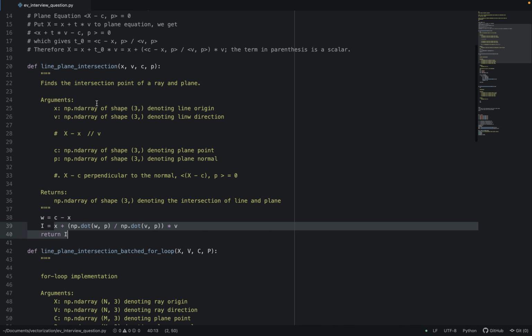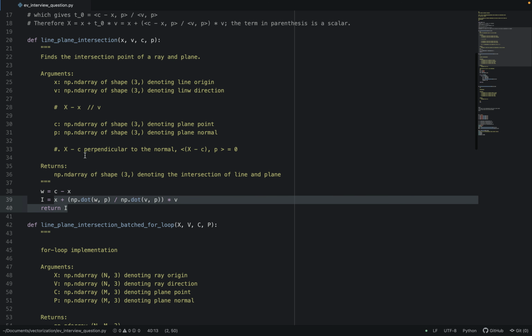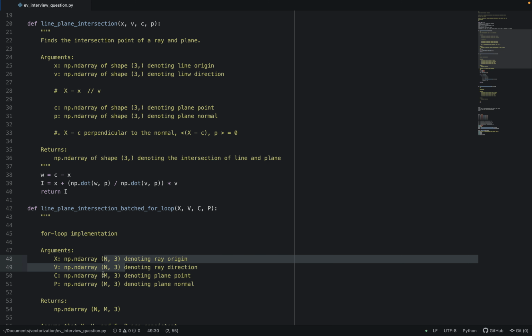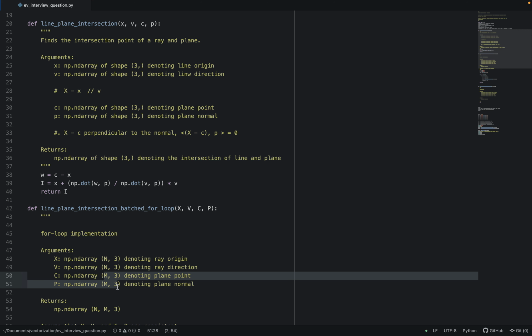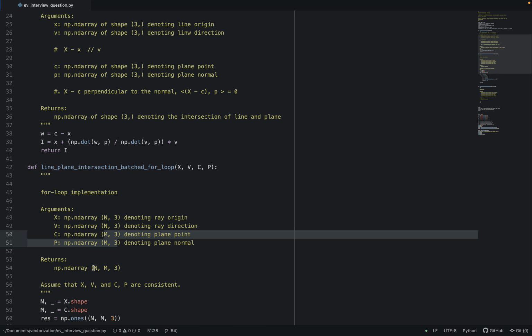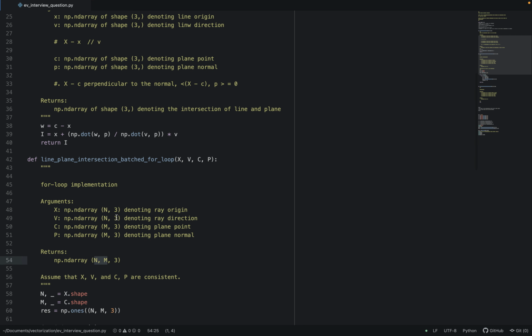Our task is to write two functions to make the computations in a batched fashion. In other words, we're given n lines and m planes, and we want to find all the intersection points. The return is an ndarray of shape n times m times 3, where n is the number of lines and m is the number of planes.